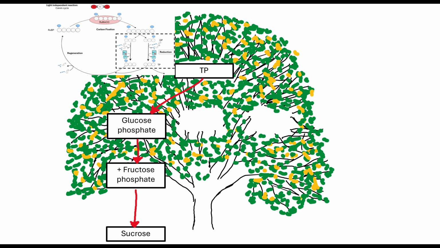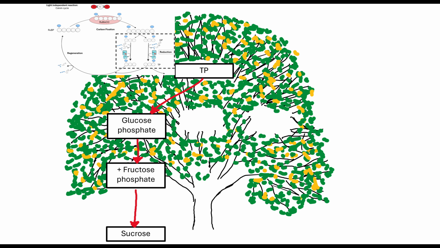Now that will link to the module 3 topic area when you do transport in plants and you look at translocation. So the glucose that's been produced by photosynthesis in the light independent reaction could go off, be added to fructose to produce sucrose to then be transported around the plant to where it needs to go.